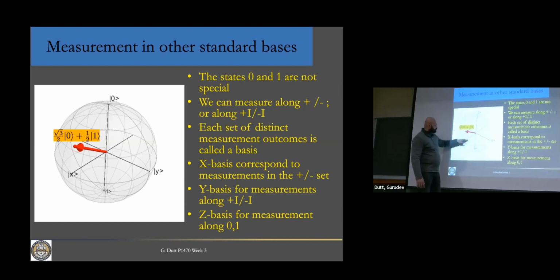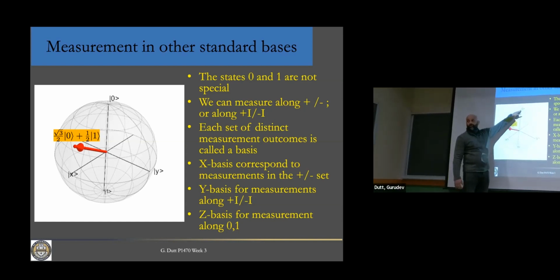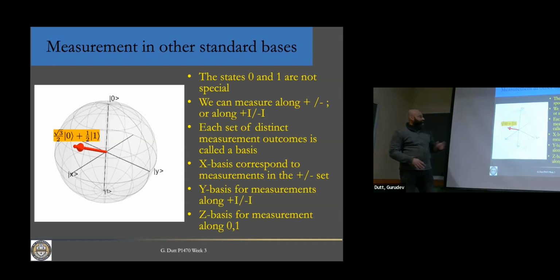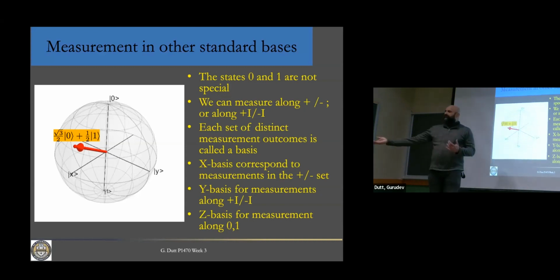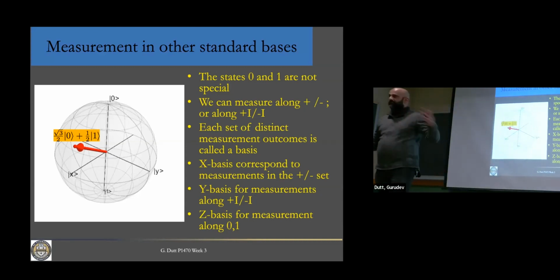And similarly, you can see it's closer to the north pole than the south pole, right? It's tilted to the upper, northern hemisphere, if you like. But as far as y is concerned, it doesn't care. It's equally probable to be along plus y or minus y.